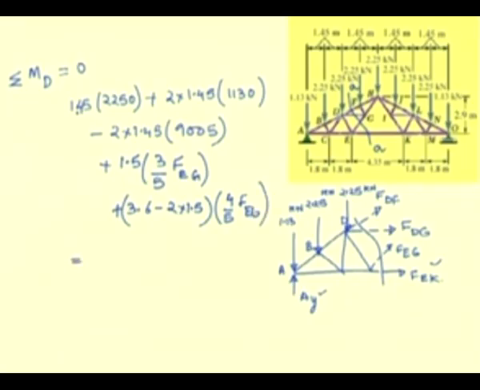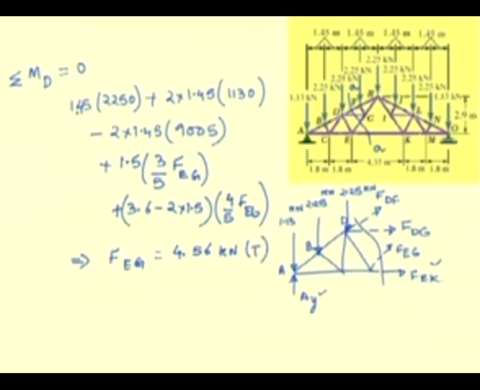So, this results in finding the force in EG as 4.56 kilonewton, and since this is a positive quantity, it is a tensile force.